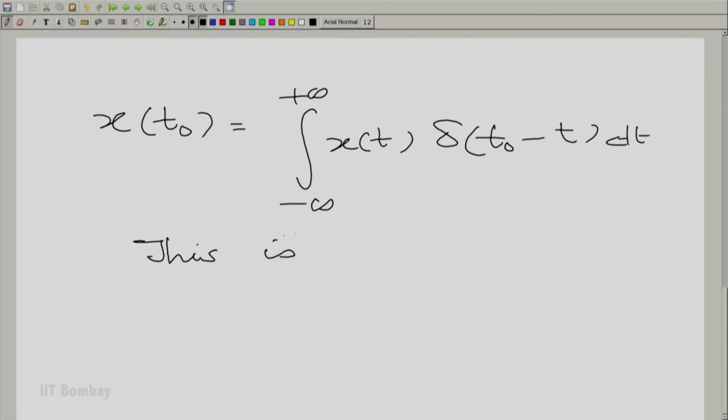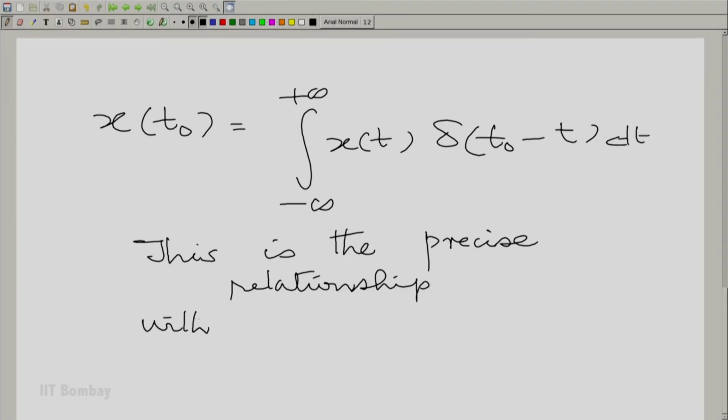This is the precise equation. This is the precise relationship. So, with delta it was only approximate, that is delta not equal to 0. Now, all very well. Why are we doing all this? Hidden in this observation is the use of all the three properties that we had: additivity, homogeneity and shift invariance.